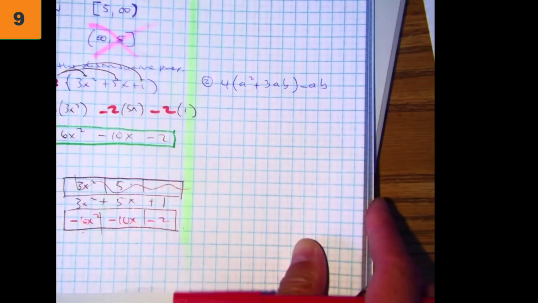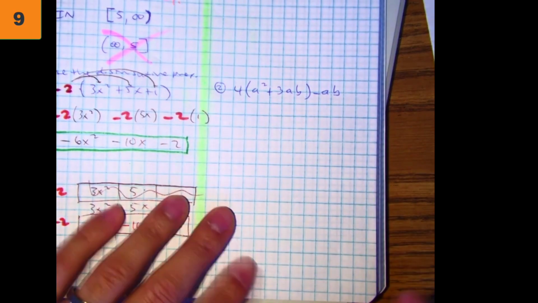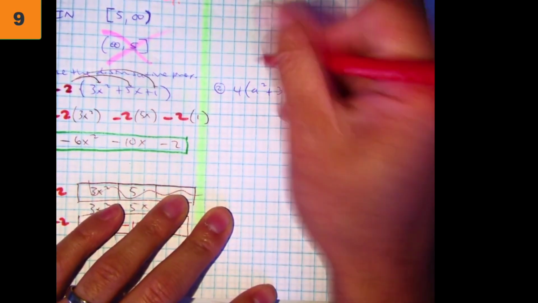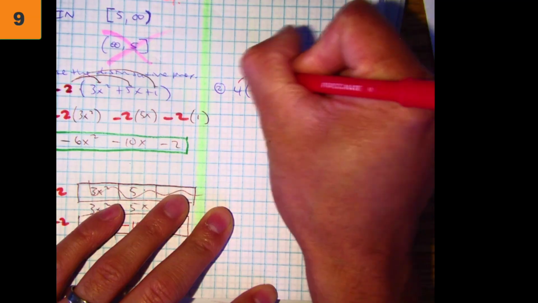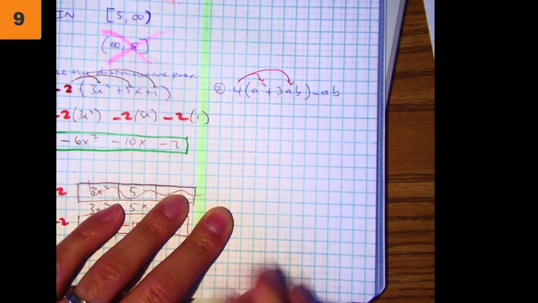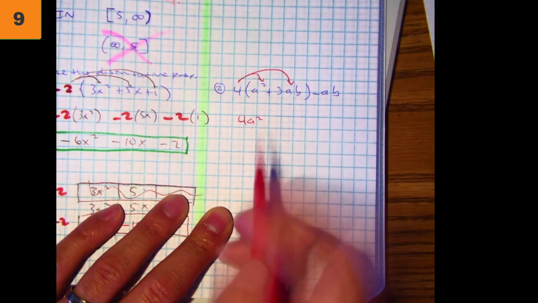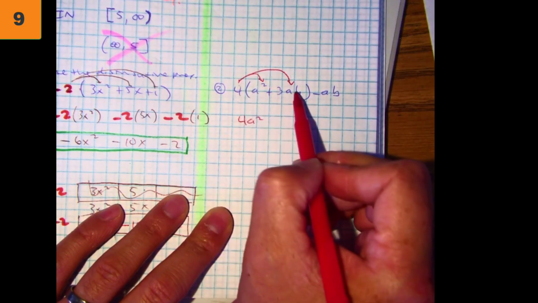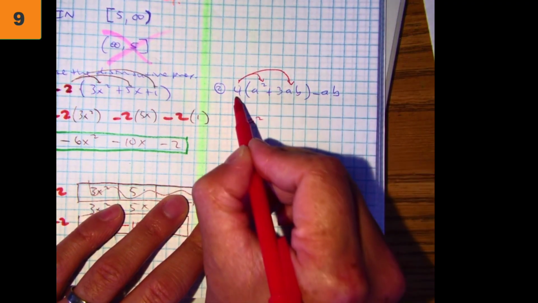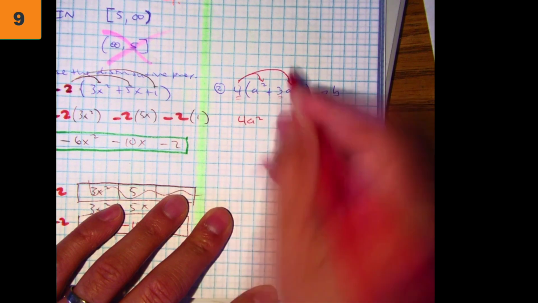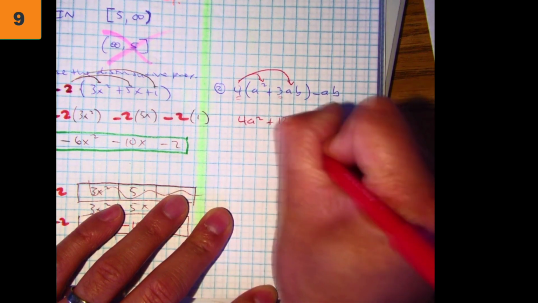Let's go ahead and try the other problem. We can distribute. Class, 4 times a squared. 4 times 3ab. So you're just going to multiply the constants. 4 times 3 is what?